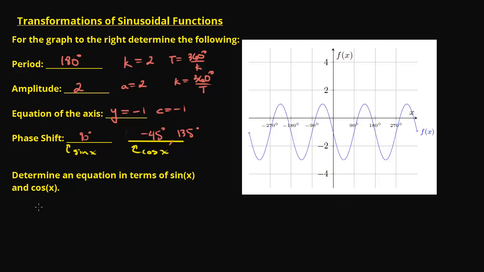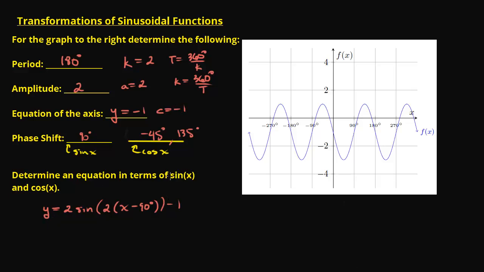So let's write this in terms of the sine of x first. We've got that y is equal to, the amplitude is 2, so our a value is 2. So we have 2 sine of k, which is 2, times x minus 90 degrees, because we have a phase shift of 90 degrees to the right, minus 1, because that's our c value.